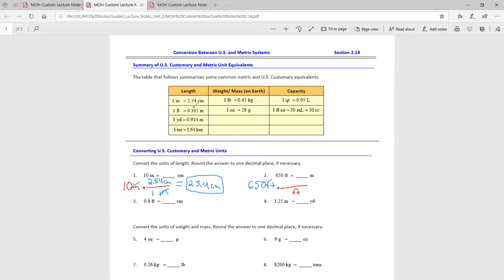But we do know that 1 foot is 0.305 meters. So I'll put the 1 foot in the bottom, the 0.305 meters in the top. And then we'll do our product. That's 650 times 0.305. And we get 198.25.